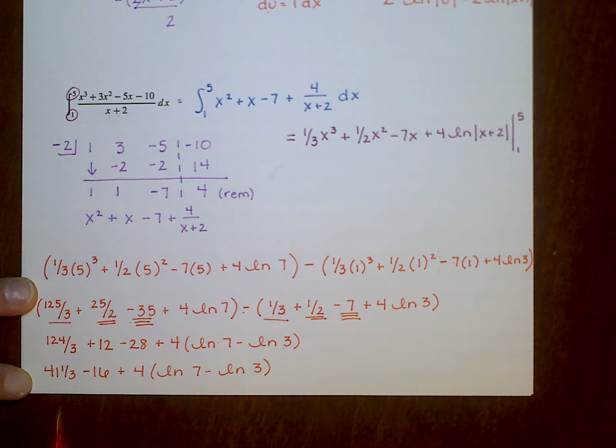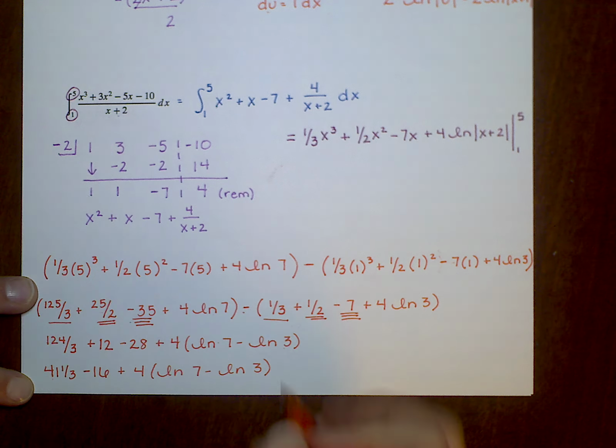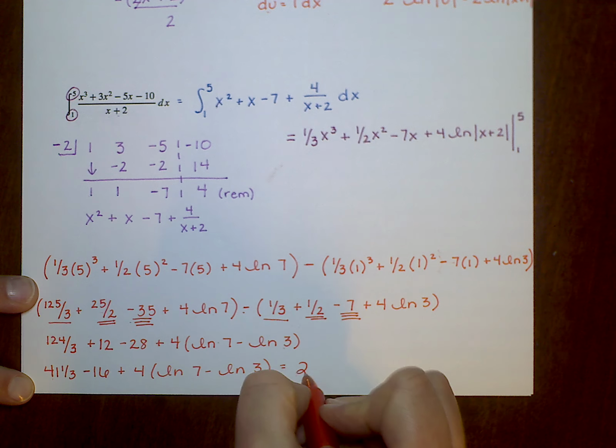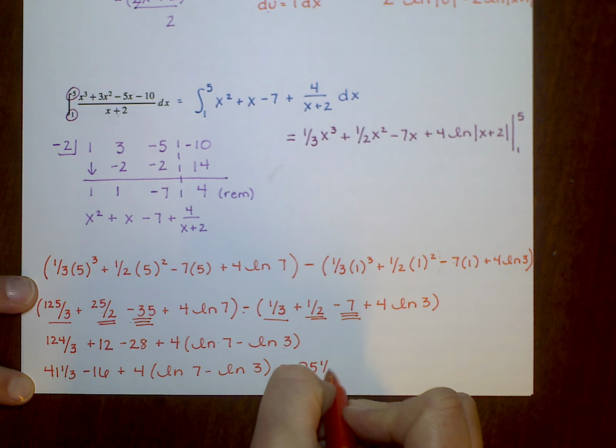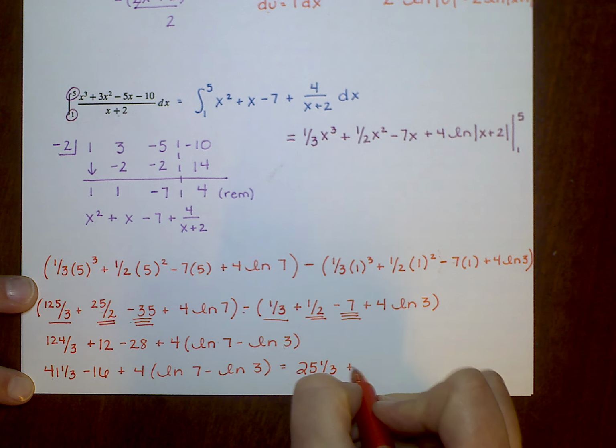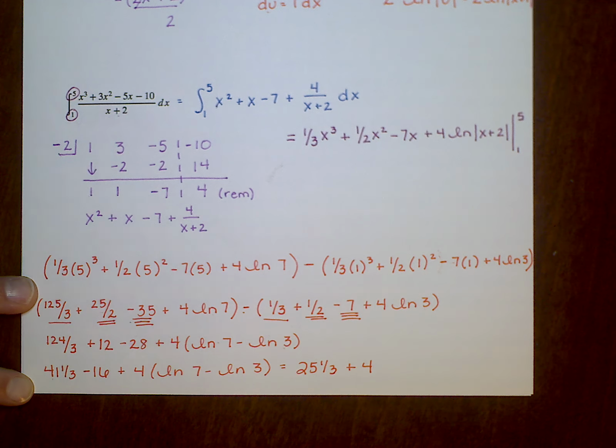Okay. And then let's just do 41 minus 16. So that's 31, 30, 25, I believe. So this is now 25 and 1/3 plus 4. And then watch what I'm going to do here. This is really the part I was trying to get to for you.